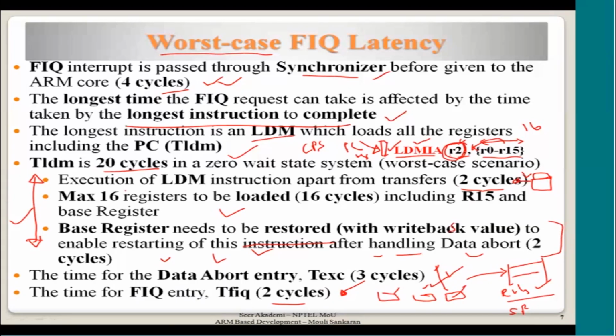This 20 comes from 16 plus 2 plus 2. So 25 plus 4 is 29. Okay. So it is not 1 or 2 cycles, it could be 29 processor cycles, that is, n clocks could elapse before the FIQ handler is executed. This is the worst case scenario.